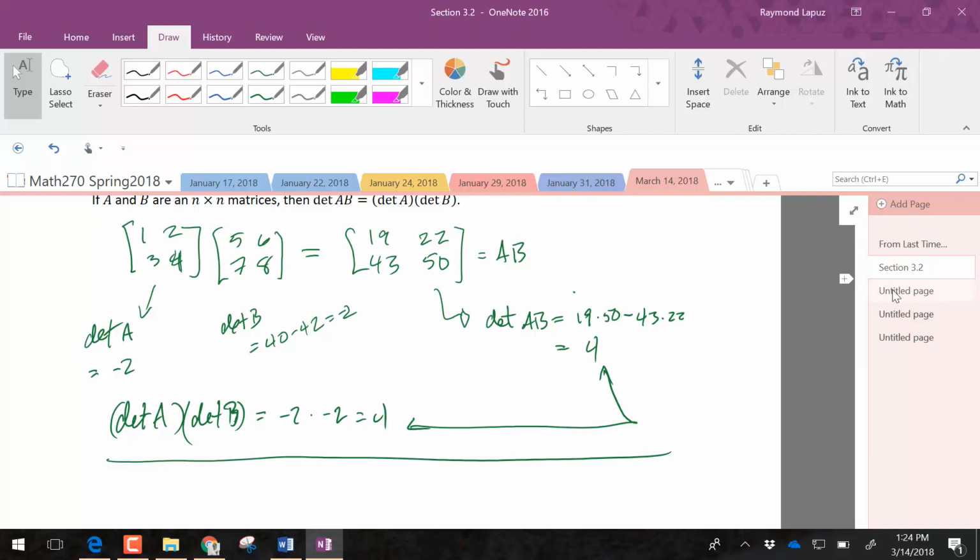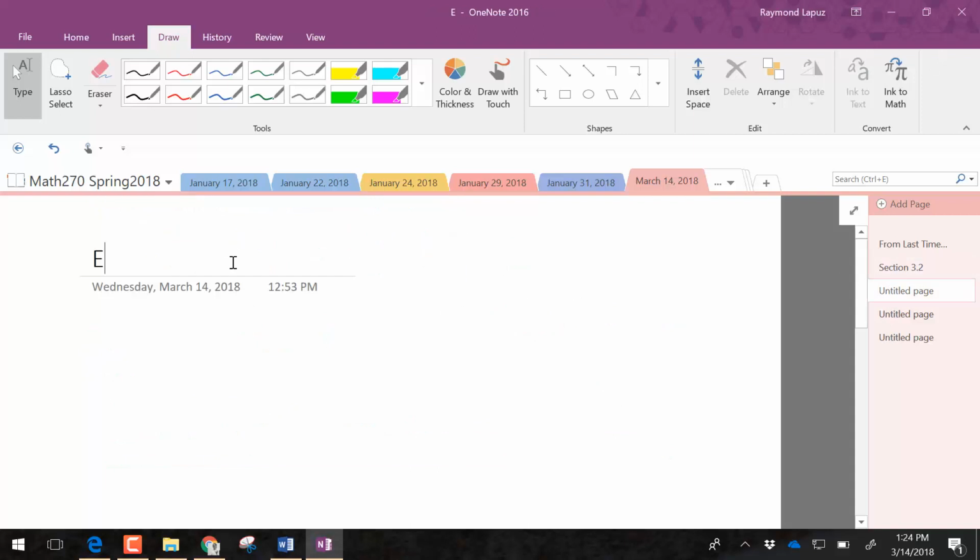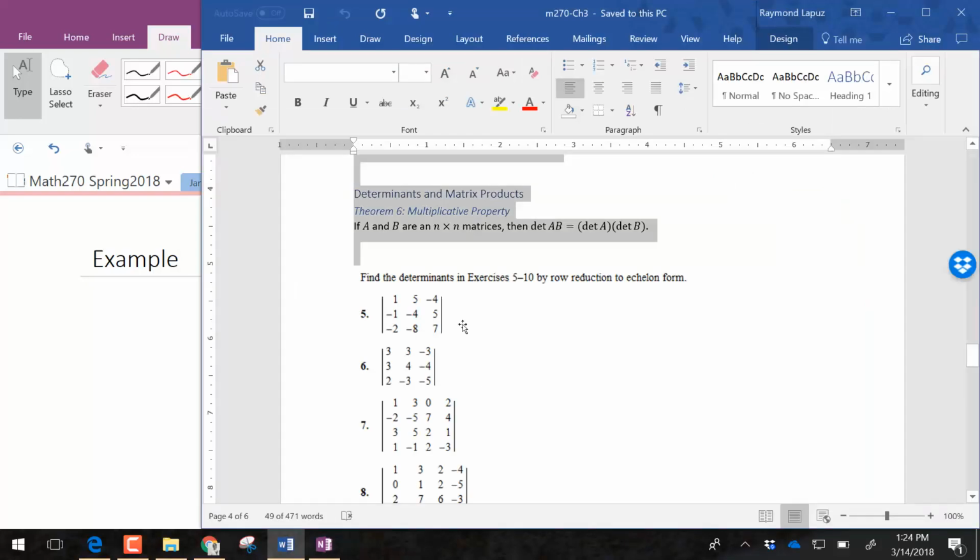So there's an interesting problem that we can try, and that is to use row reduction to reduce a matrix into echelon form to find its determinant.